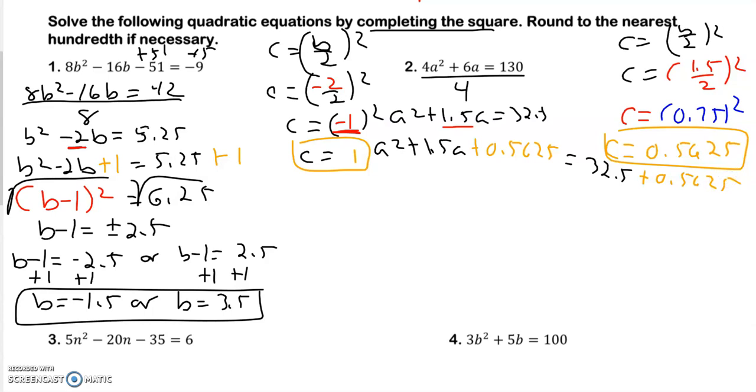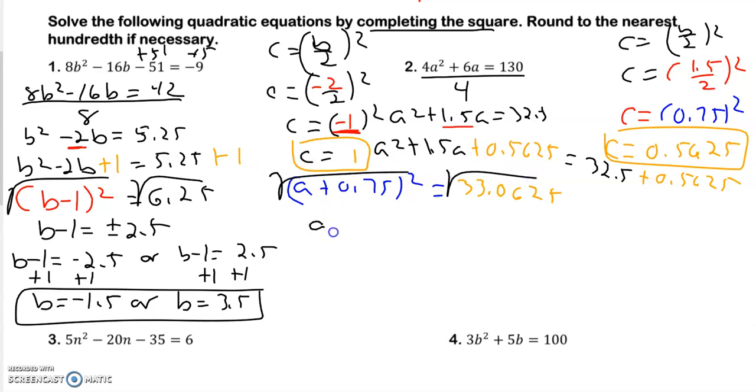Now what goes underneath the radical is the blue. So I would get a plus 0.75, and then I square it, equals, and then I add those two on the right-hand side, and I get 33.0625.